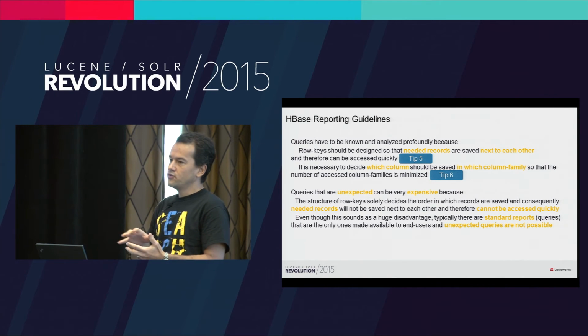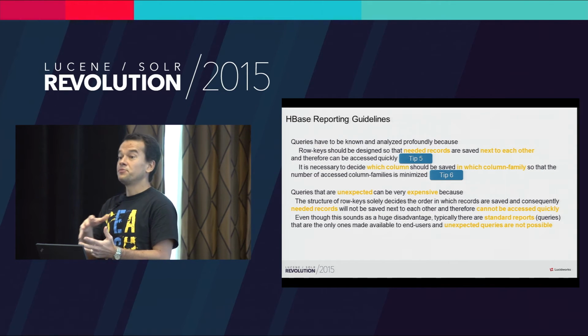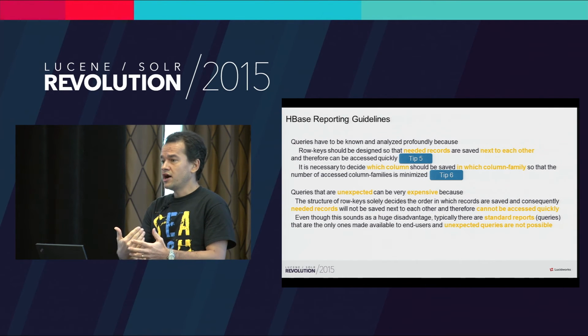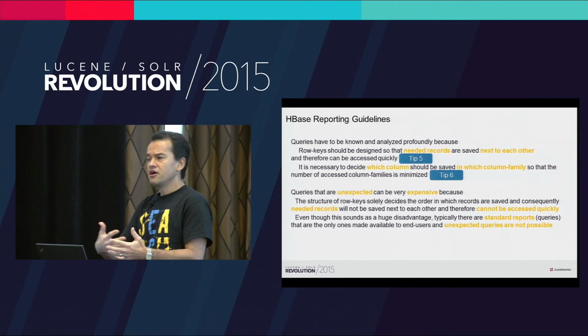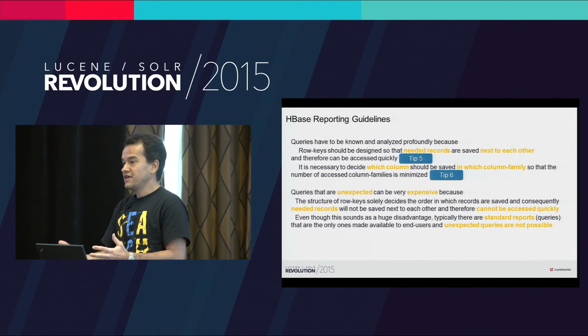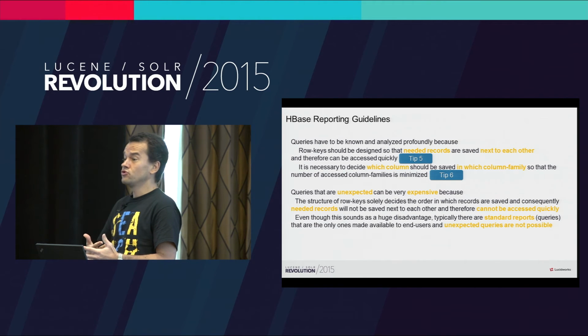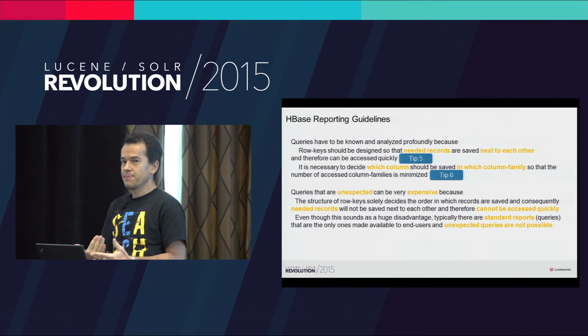But I'm pointing out, usually you are not getting surprise queries. In our case, we have the UI, the front end, and there you have predefined reports, a dozen of them, and that's it. That means the user is practically not able to send you a query that you are not well prepared for.